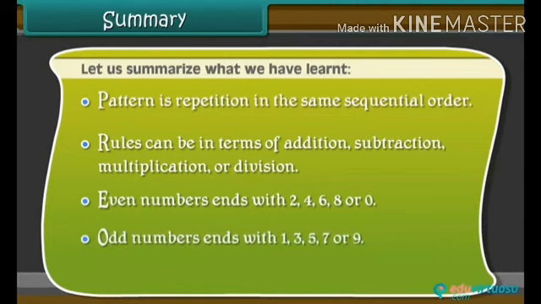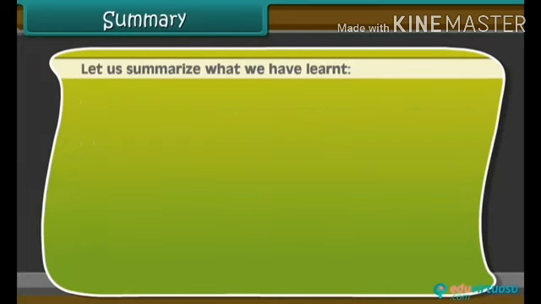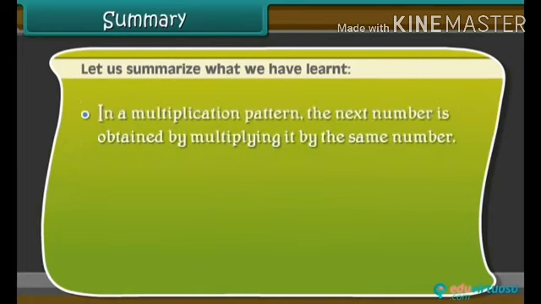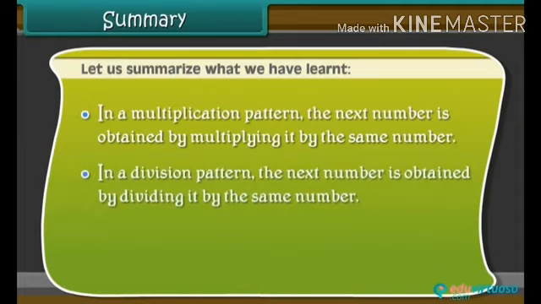Odd numbers end with 1, 3, 5, 7, or 9. In a multiplication pattern, the next number is obtained by multiplying it by the same number. In a division pattern, the next number is obtained by dividing it by the same number.